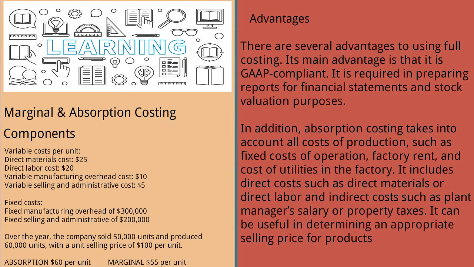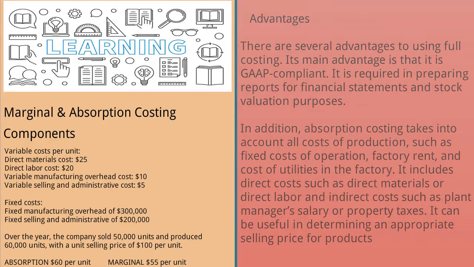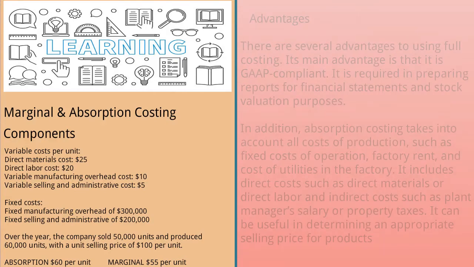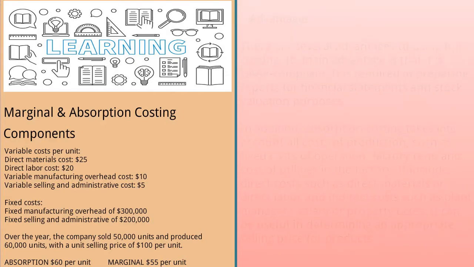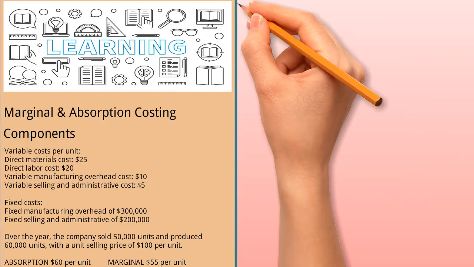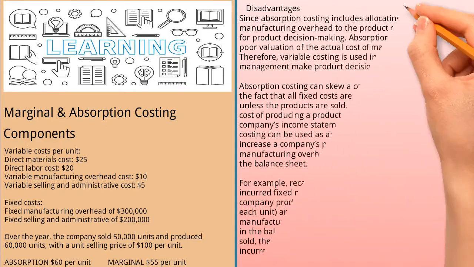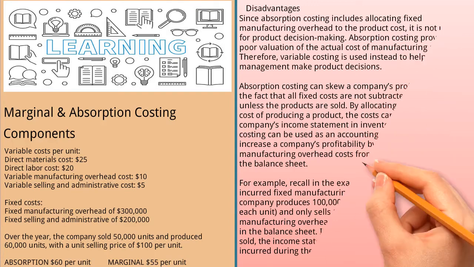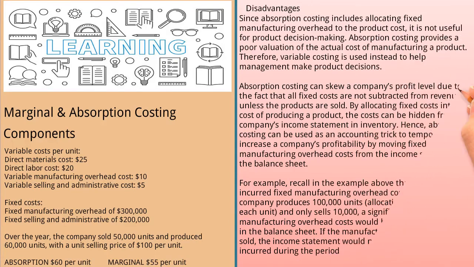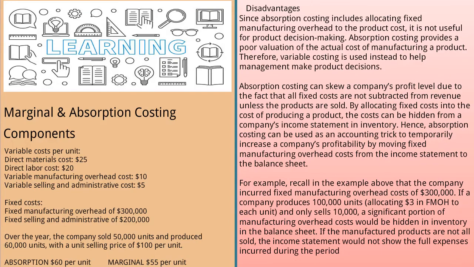But as regards disadvantages, well, these can include allocating fixed manufacturing overheads to the product cost. So it's not very useful in terms of decision making when it comes to working out the actual cost of manufacturing a product, because you've got additional costs in there. Absorption costing can skew a company's profit level due to the fact that all the fixed costs are not subtracted from revenue unless the products are actually sold.